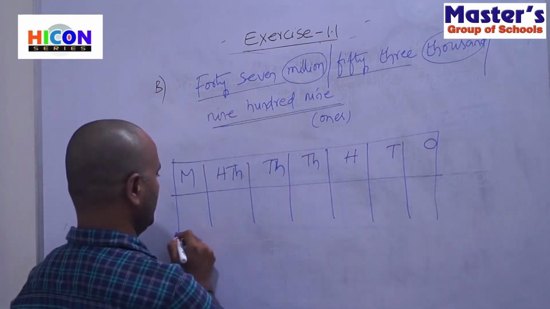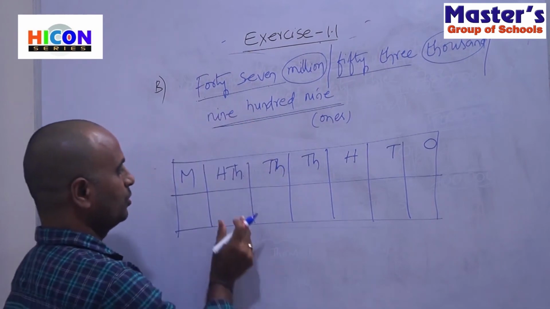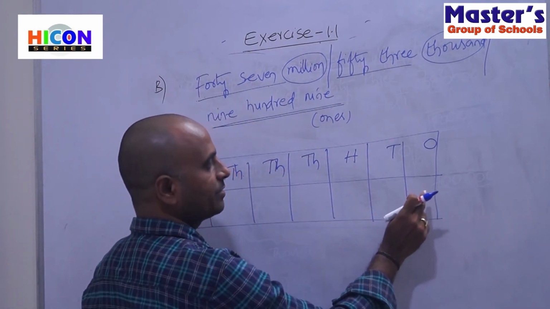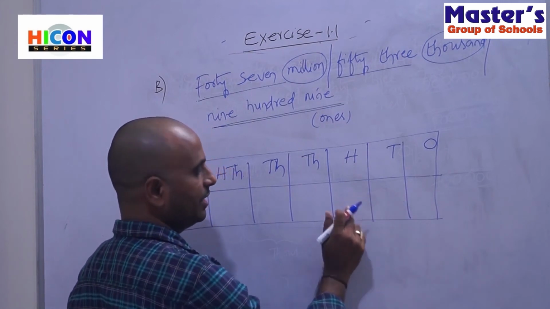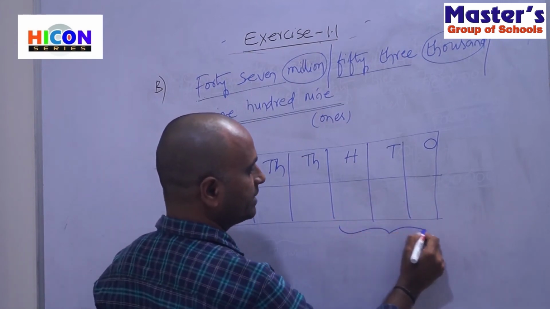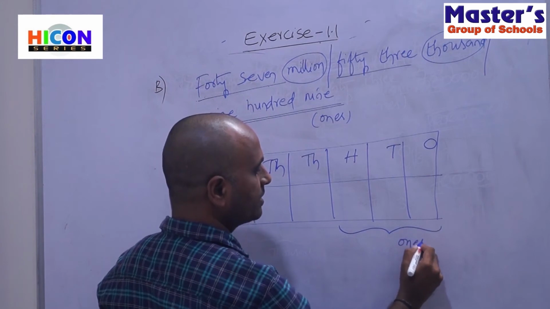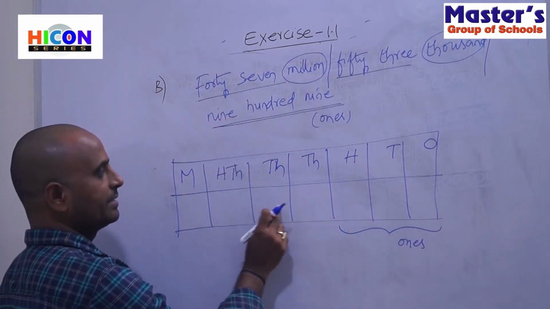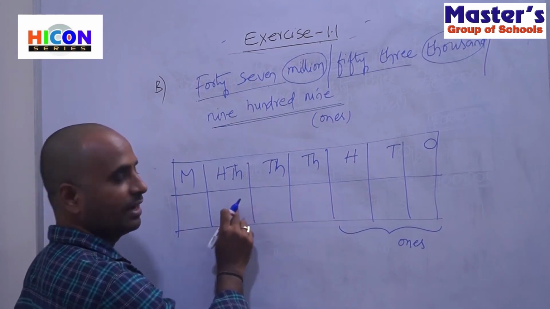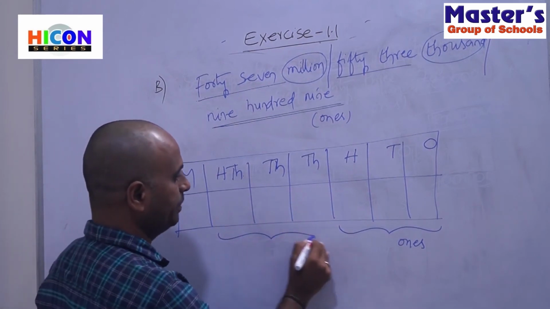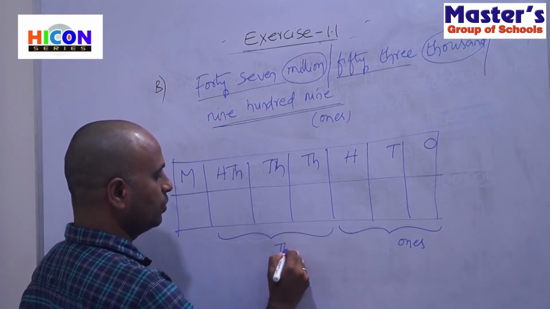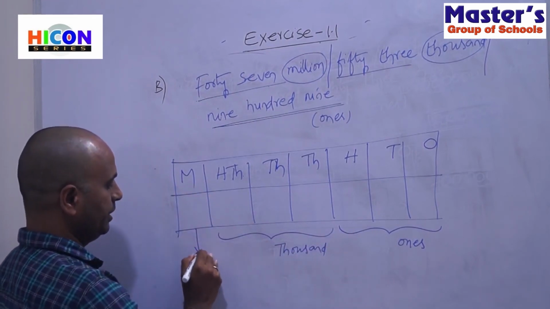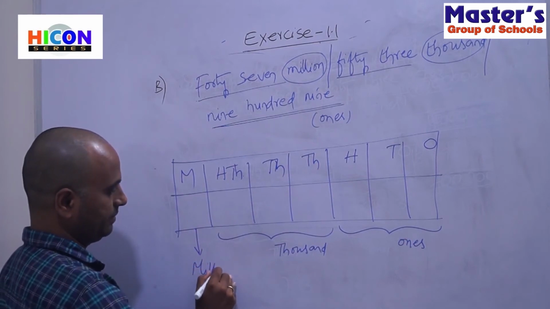The first three places, ones place, tens place and hundreds place, together are called ones period. The next three places, 1,000, 10,000, 100,000, are called thousands period. And the next place is millions period.